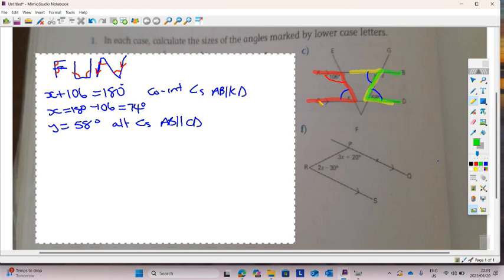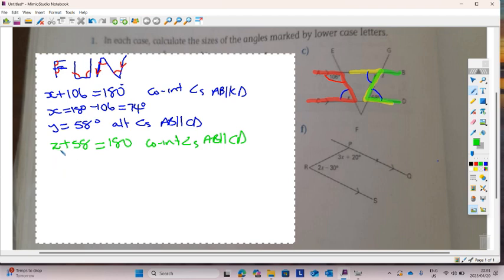Here is another U. So if we're making use of U, we have that Z plus 58 is equal to 180, and those are co-interior angles with AB parallel to CD.